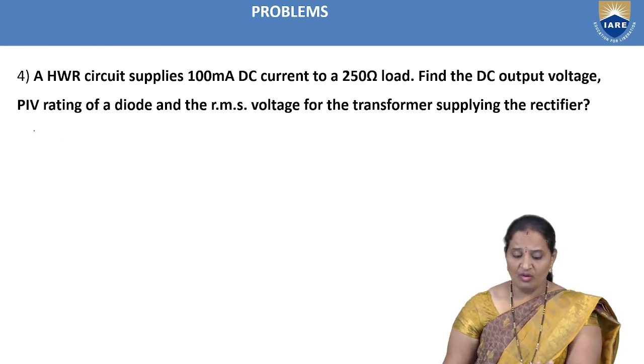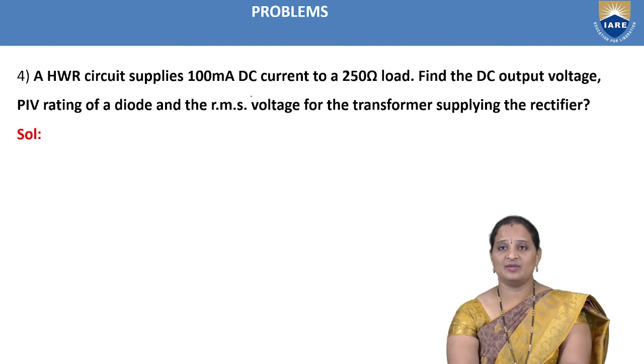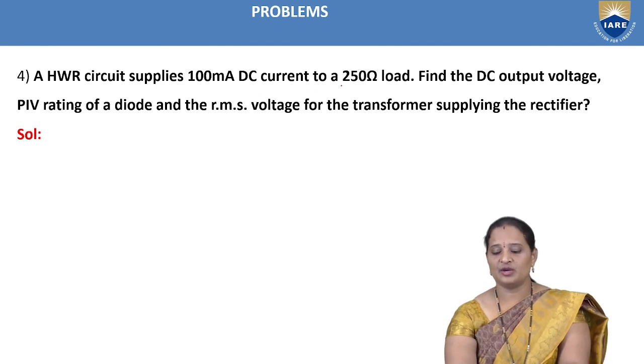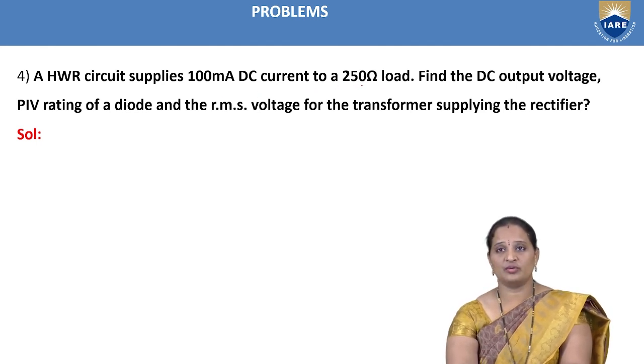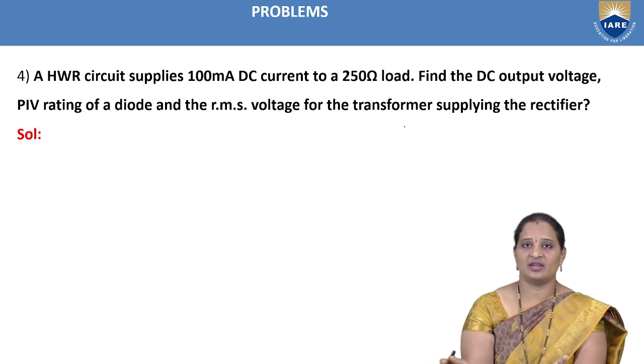Next, one more. The half-wave rectifier circuit supplies 100 milliamperes DC current to a 250 ohms load. Find the DC output voltage, peak inverse rating of the diode, and RMS voltage for the transformer supplying the rectifier.